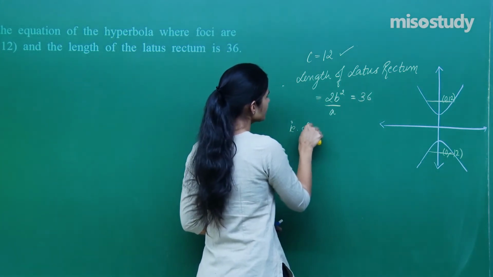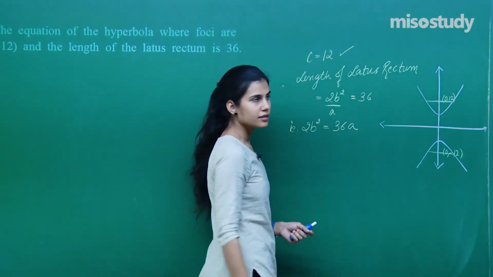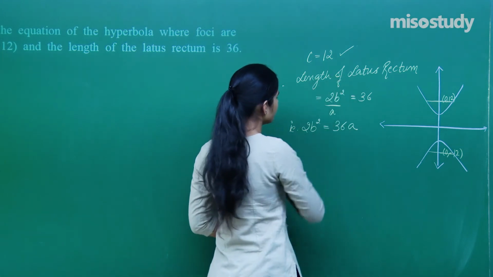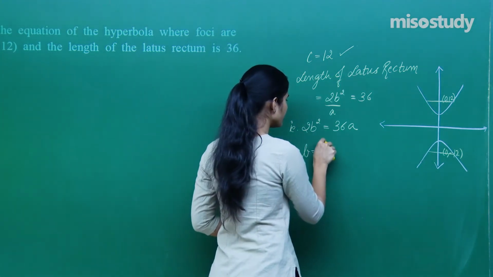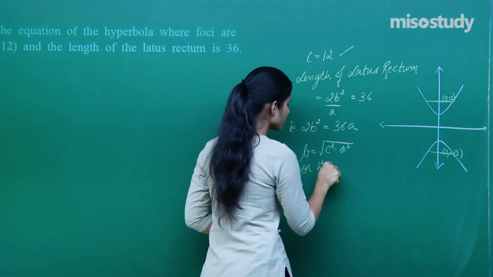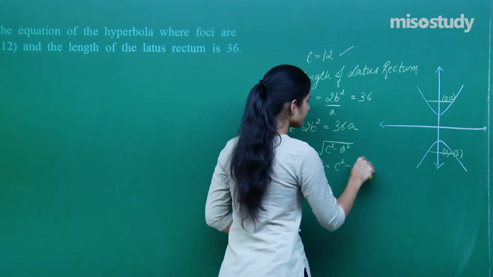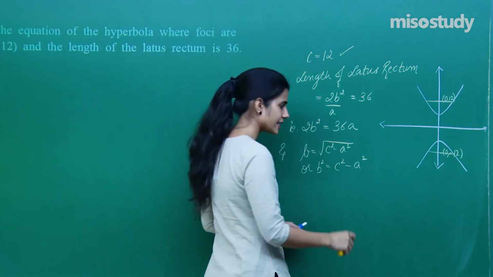That is 2b square equals 36a, and c is 12. In the hyperbola, b square is c square minus a square. B square is 36a by 2, that is 18a.